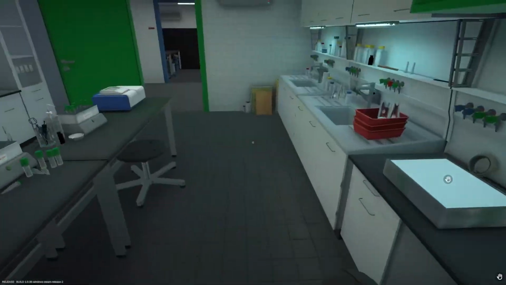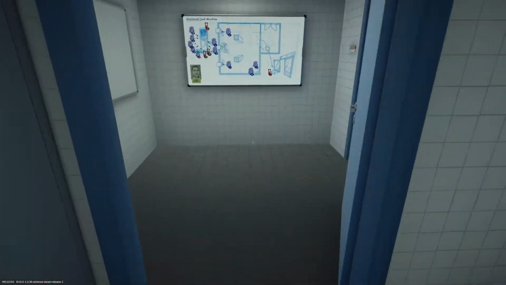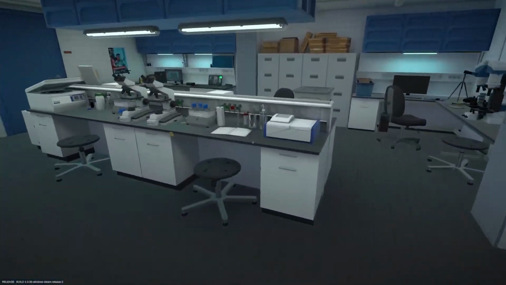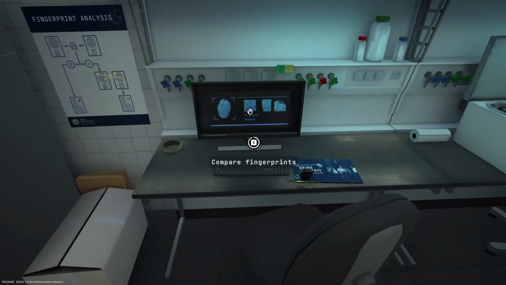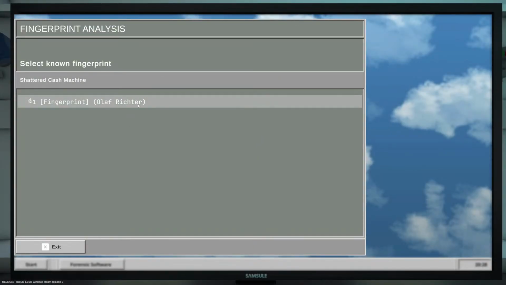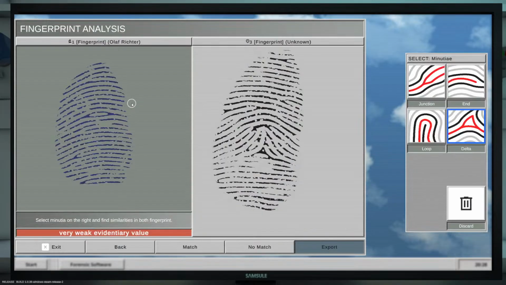Now let's get that running. And we'll go check out some fingerprints, huh? So maybe this guy's a known thief of this caliber, so that's probably why they're giving me his information.